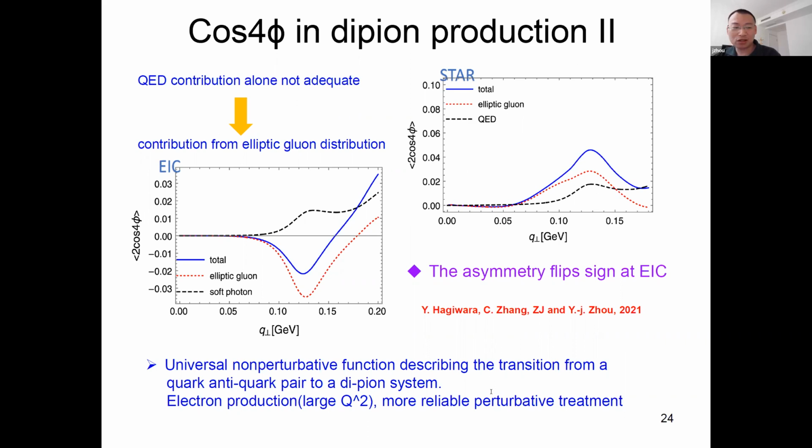However, if we consider ρ0 electroproduction at the EIC, when Q square is sufficiently large, the whole transition process can be calculated perturbatively in terms of a pion distribution amplitude. Now one can make more reliable predictions for the asymmetries in vector meson electroproduction.